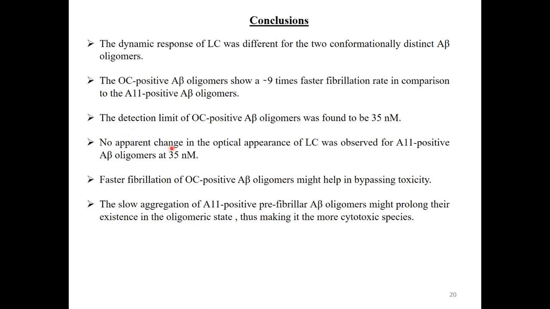No apparent change in the optical appearance of liquid crystal was observed for A11 positive A-beta oligomers at 35 nanomolar. We also see faster fibrillation of OC positive A-beta oligomers, which might help in bypassing toxicity. The slow aggregation of A11 positive prefibrillar A-beta oligomers might prolong their existence in the oligomeric state, thus making it a more cytotoxic species.